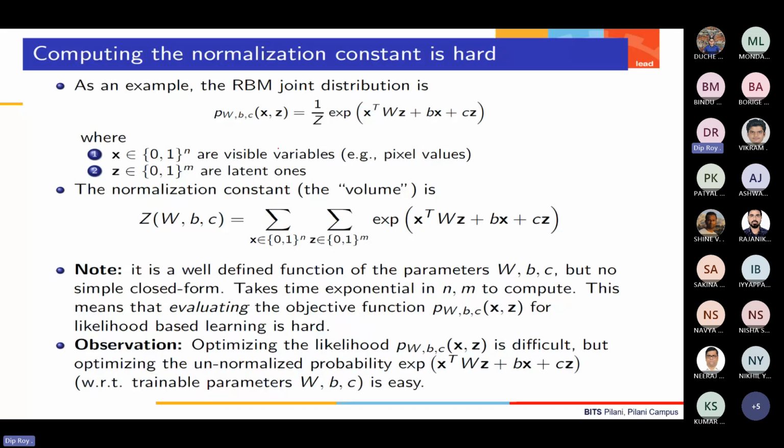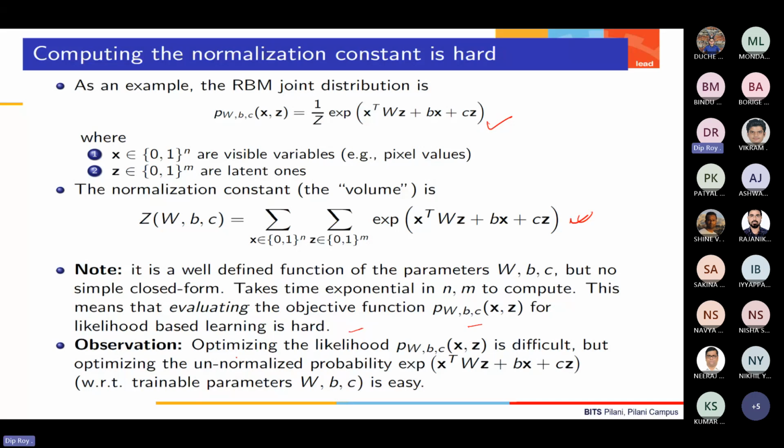The RBM joint distribution is like this, where these are the visible units, and the normalizing constant is this. Note that it is a well-defined function of parameters W, B, C, but has no simple closed form. It takes time exponential in n and m to compute. This means evaluating the objective function for this is very hard.